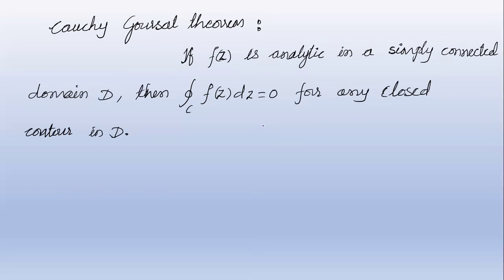Next, Cauchy-Goursat theorem. If f of z is analytic in a simply connected domain D, then integration under the closed curve C of f of z dz is equal to 0 for any closed contour in D.